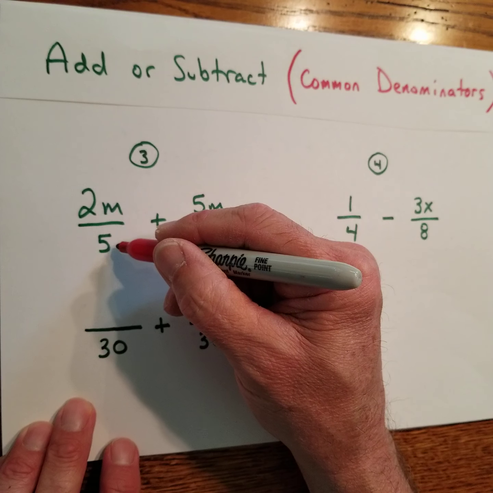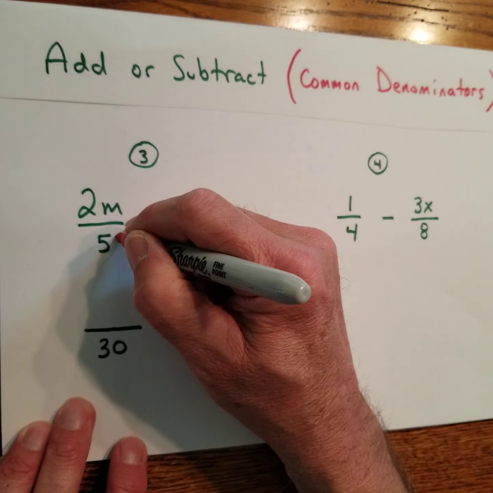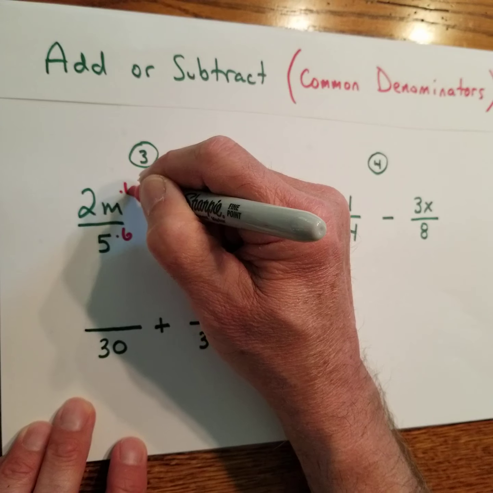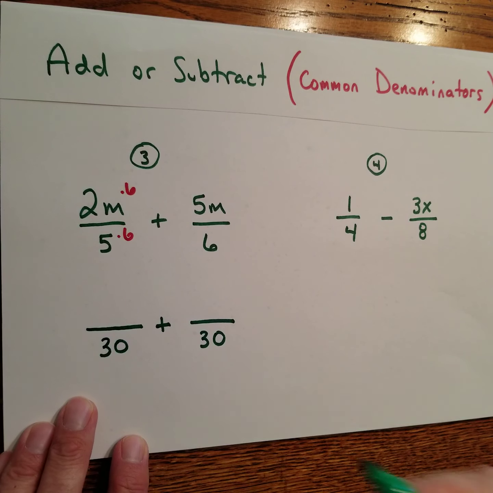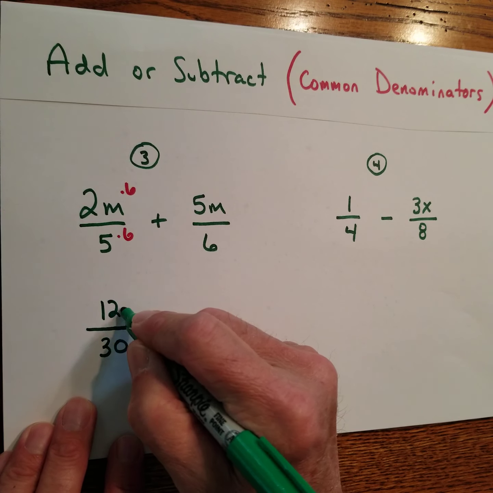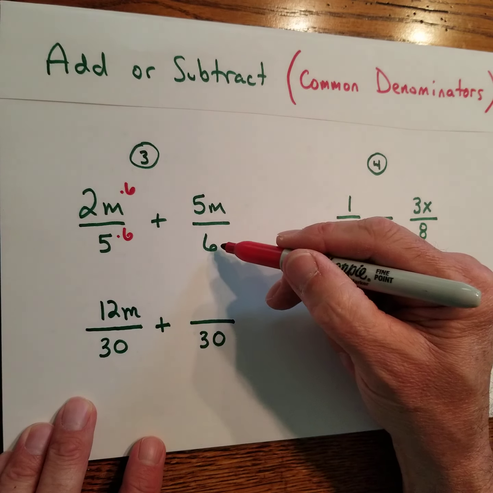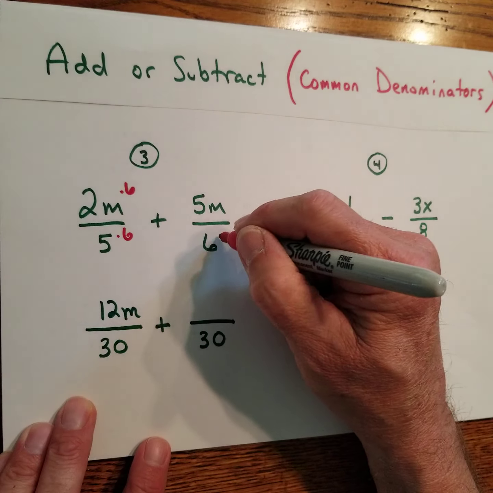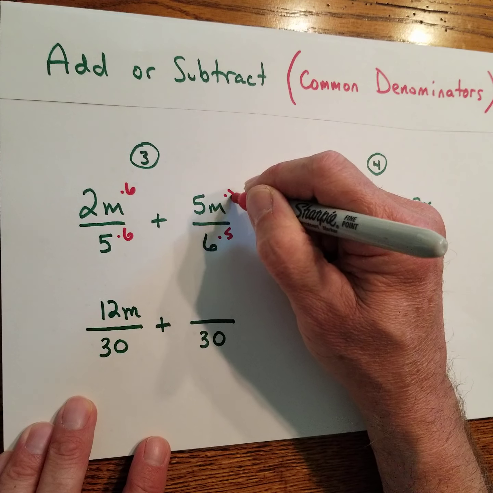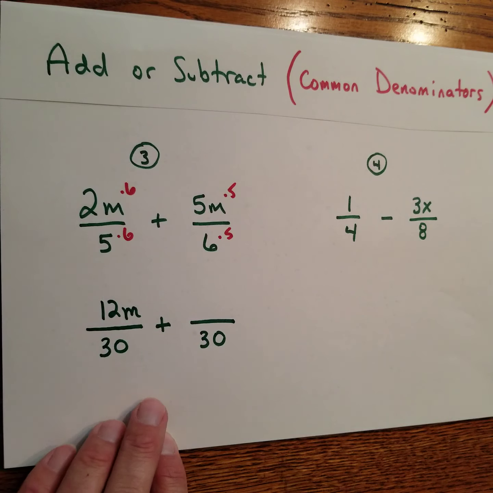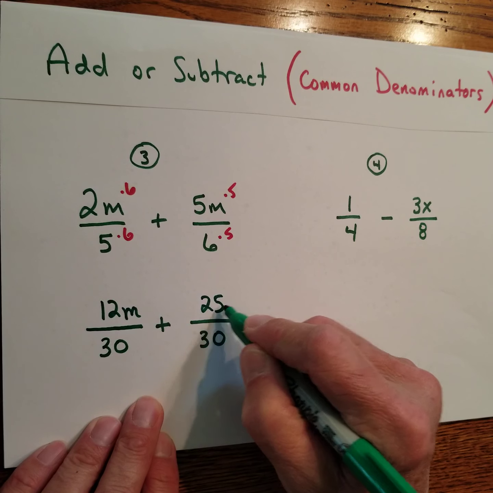What do you multiply times 5 to get 30 is 6. And 2m times 6 is 12m. What do you multiply times 6 to get 30 is 5. And 5m times 5 is 25m.